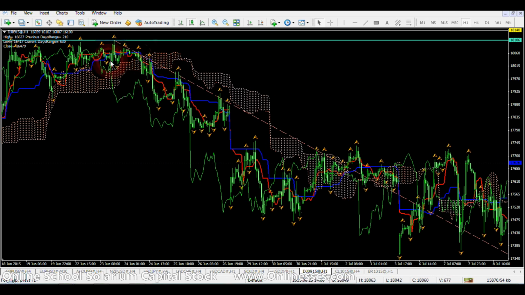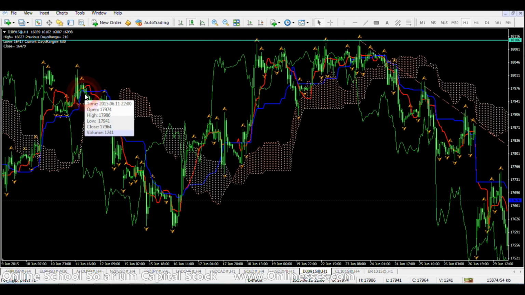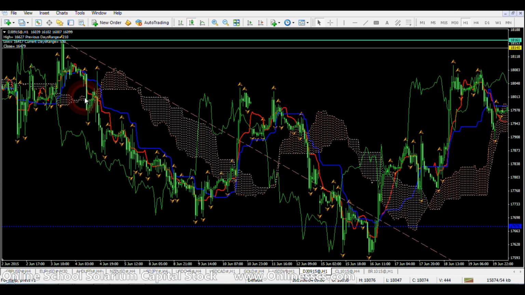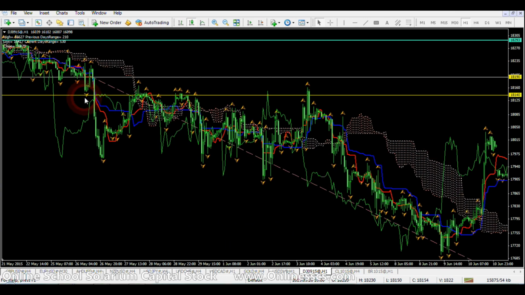Here, the body should be on the top and the shadow should be at the bottom of the body. And it rarely happens. It's not really that common. It's one of the rare candles.